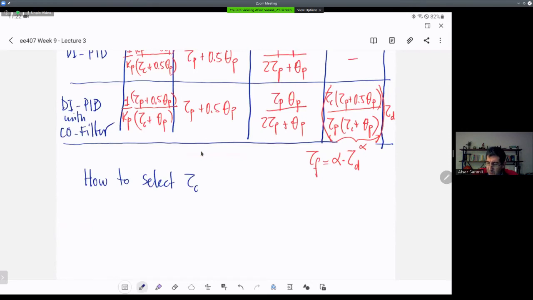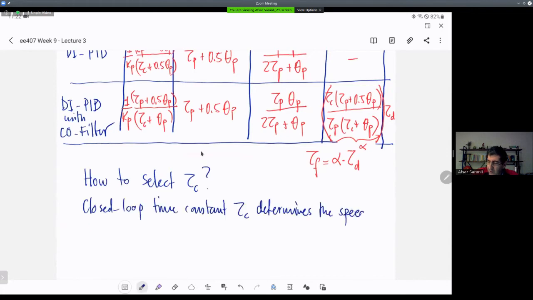So this closed loop time constant tau c determines the speed, or the aggressiveness, of the controller.